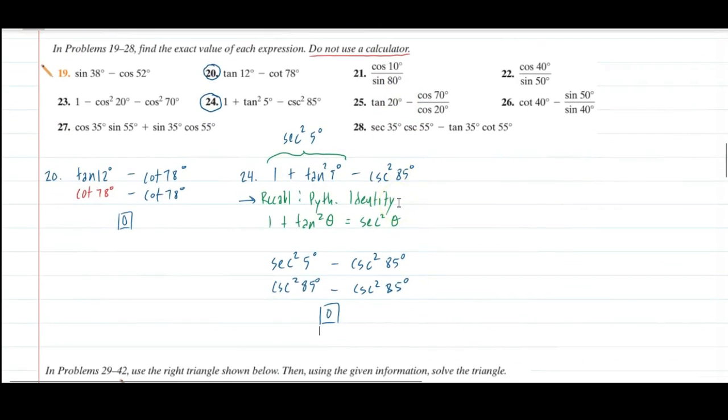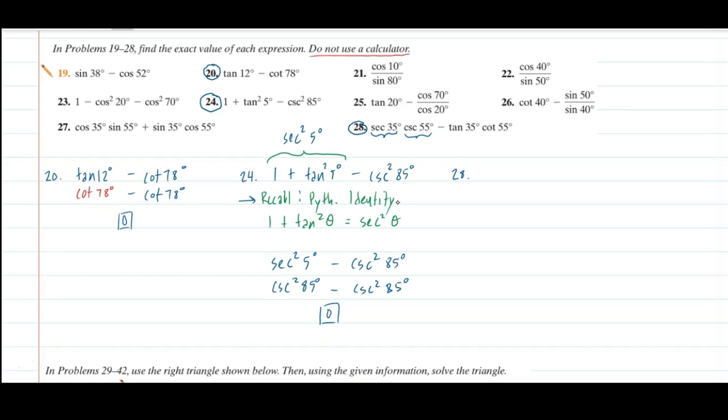All right. Let's do number 28 here. Number 28 says that the secant of 35 degrees and the cosecant of 55 degrees.